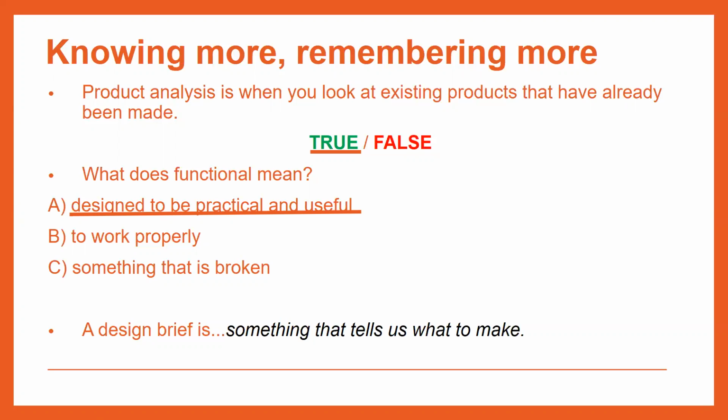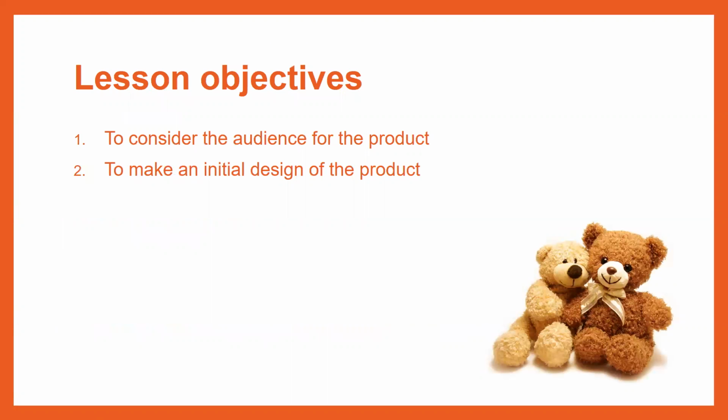The answer is A, something that is designed to be practical and useful. And a definition of design brief is something that tells us what to make. So if you've got something along those lines, you can give yourself a tick on that one.